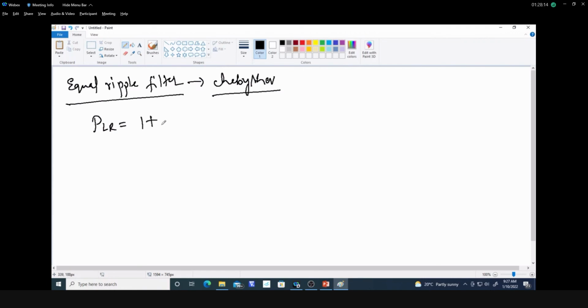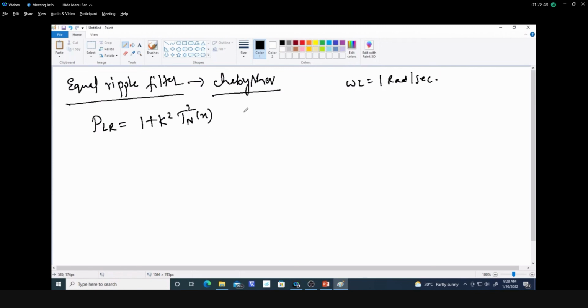That is 1 plus k square into Tn square of x, because this is a polynomial, or we can have Tn square of omega, with respect to frequency. We will assume omega c equal to the normalized value, that is 1 radian per second.